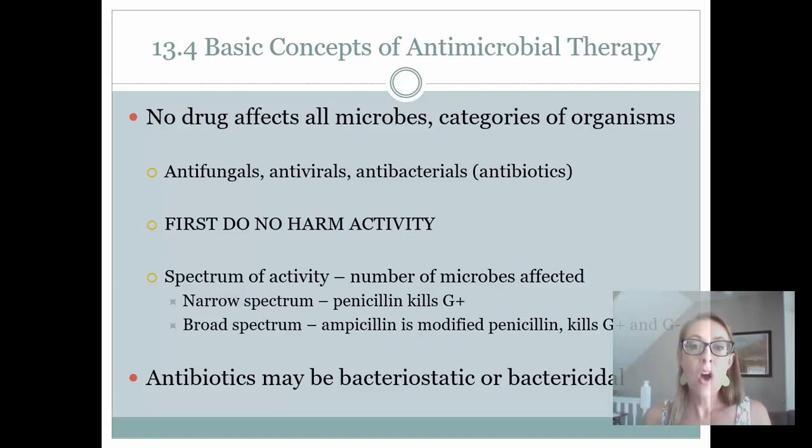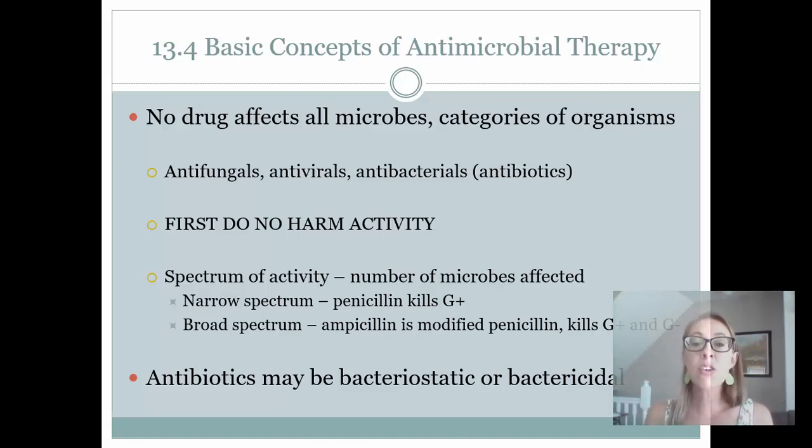Antiviral drugs are drugs that inhibit viral replication within host cells. Antibacterial drugs are now synonymously used with the term antibiotics. So as we proceed from here on out, antibiotics are going to be the term that we use when we're talking about drugs that specifically inhibit prokaryotic bacterial cells.